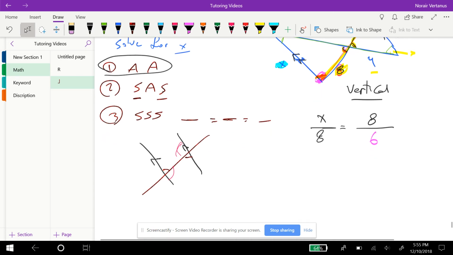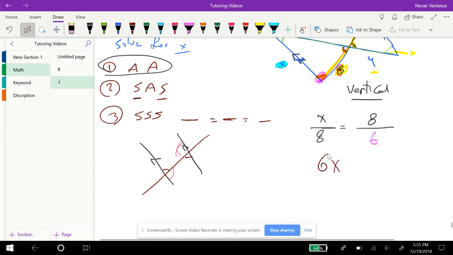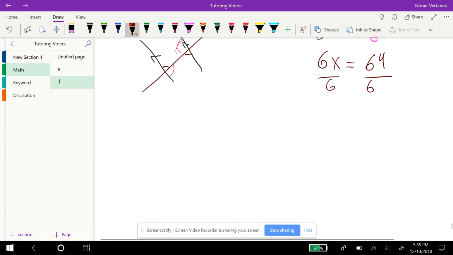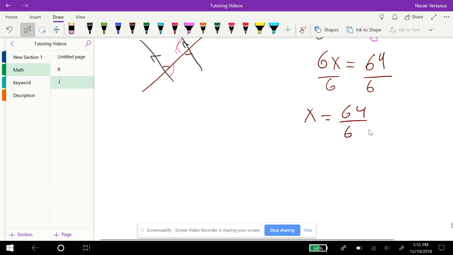Now to solve for x, cross multiply and solve it. x times 6 is 6x, equal to 8 times 8, 64. Divide by 6, divide by 6. So x is equal to 64 over 6, which if you want to convert it into a mixed number, how many 6s in 60? 10 of them. Remainder is 4, right? 4 over 6.